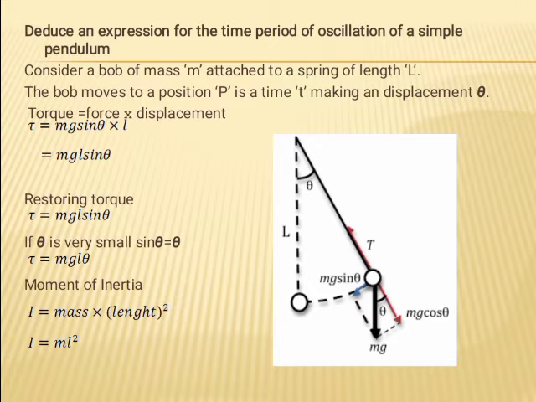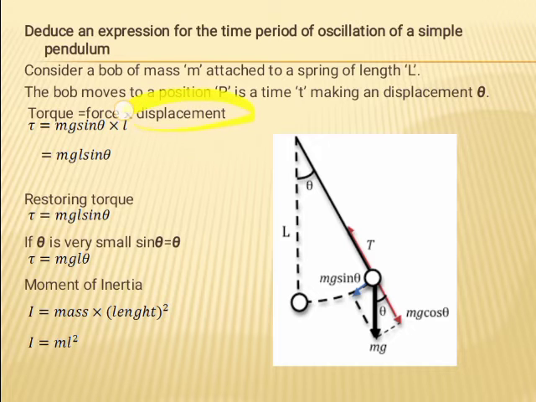Why am I using only mg sin theta? Because that is your restoring force, and that restoring force is making the rotatory path. Hope you got my point. That is why I am applying the restoring force mg sin theta, which is responsible for the rotatory motion of the bob.